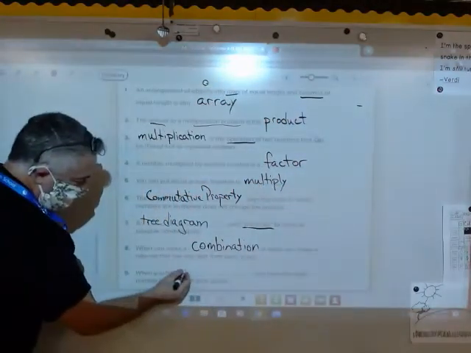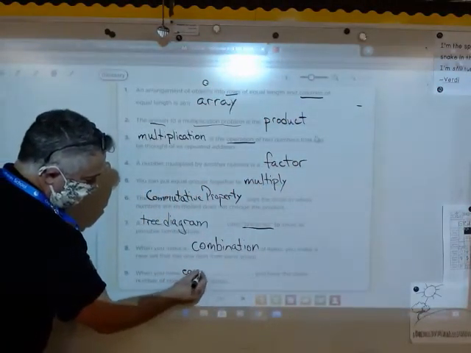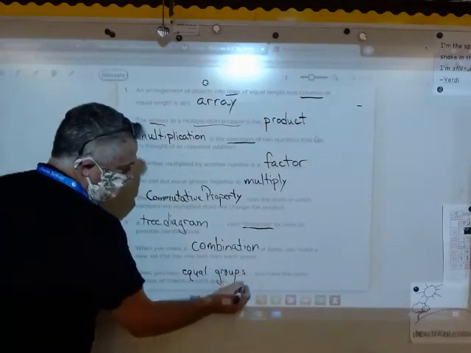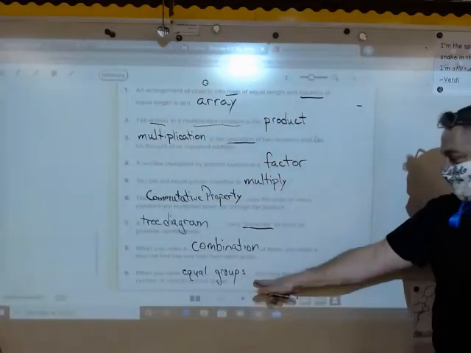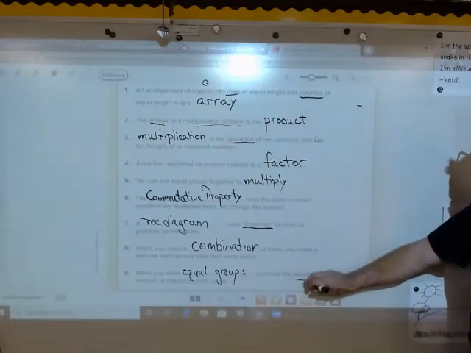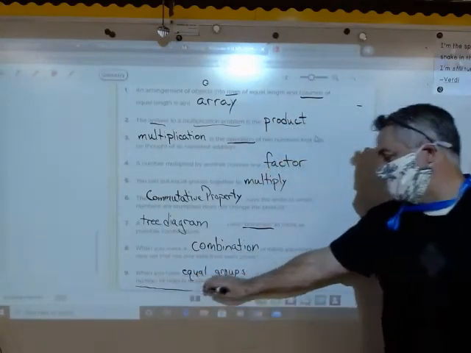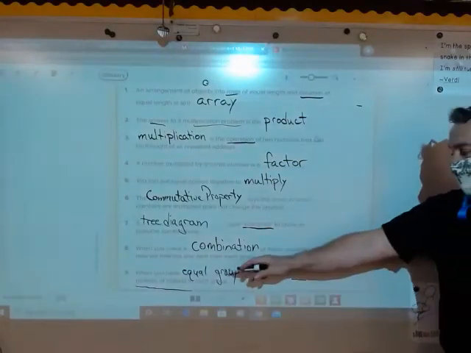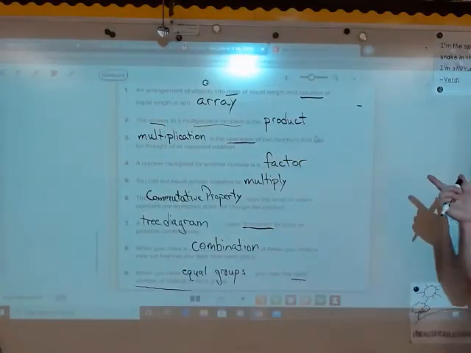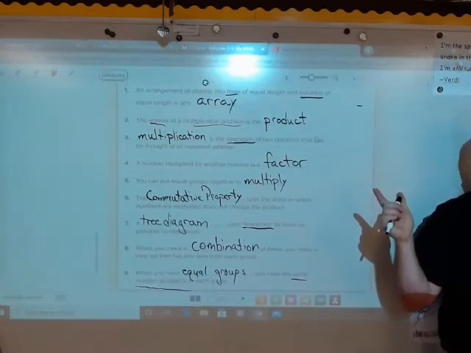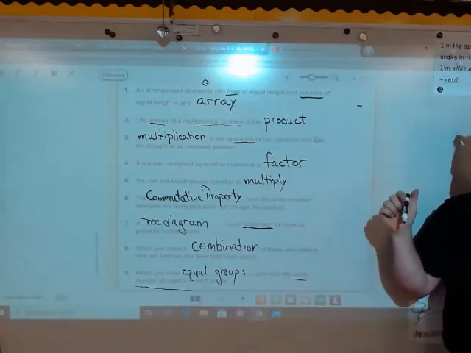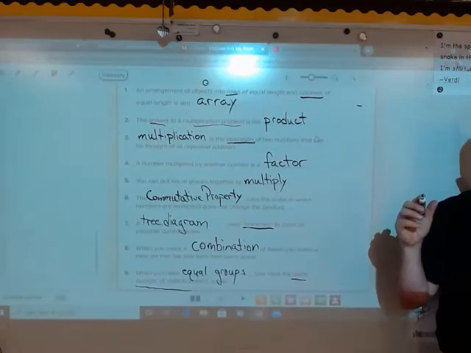That one's almost too easy, but it could be hard. Because look what it says for the definition. You have the same number of objects. That's what equal means, doesn't it? Yes. The same number. So, equal groups. What was the word you did not use? What word did we not use? Fletcher? Multiplication sentence. Okay, we didn't use multiplication sentence, did we?